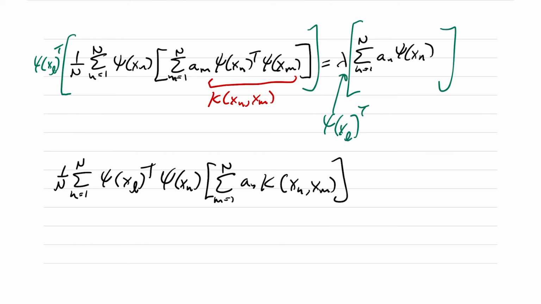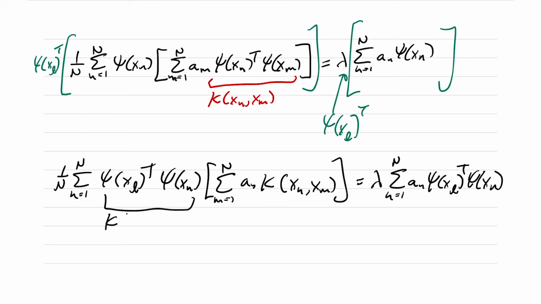And this is equal to lambda times the sum n equals 1 to capital N of a_n times psi of x_l transpose times psi of x_n. And so this guy is our kernel function k(x_l, x_n), and this is a kernel function over here, k(x_l, x_n).